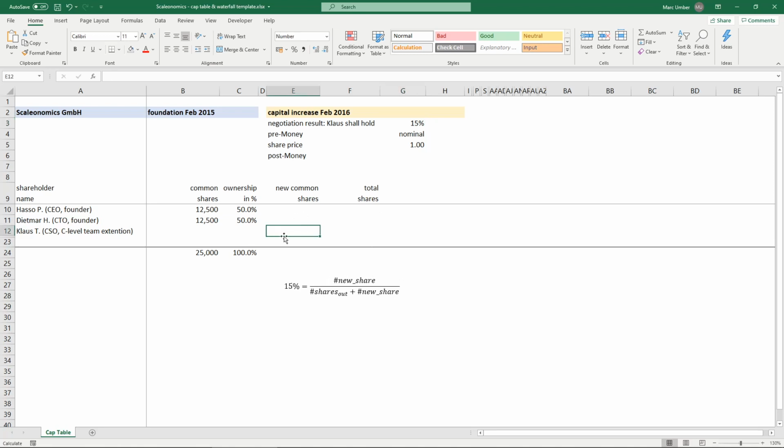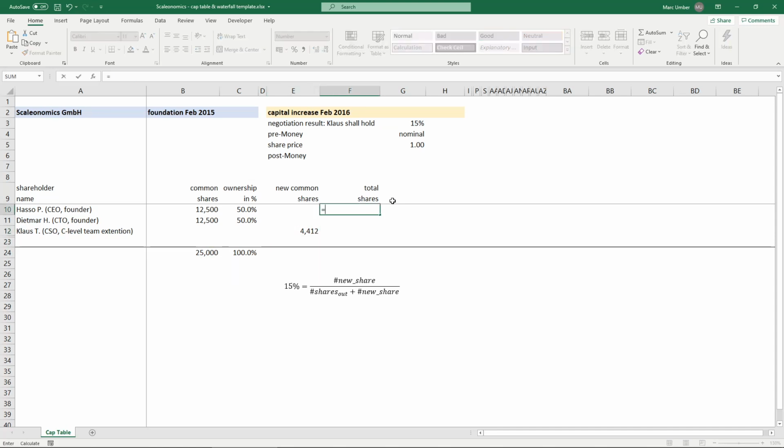If you rearrange this equation and solve for the number of shares outstanding, you will get 15% divided by 1 minus 15% times the number of shares outstanding before the round. This will be 4,412 new shares.